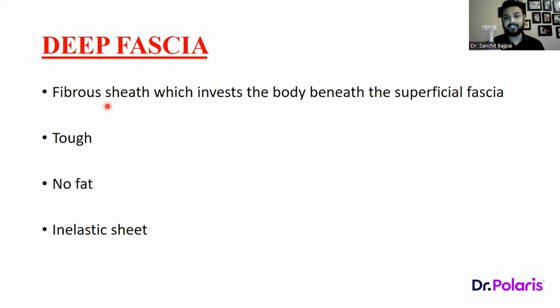It is like a sheath which wraps or invests. So this sheath wraps the organs or these muscles. It is tough. It is inelastic. It has no fat. When you have these four features, that fascia becomes deeper fascia or deep fascia. And I'm going to tell you why these things are important. Tough, inelastic, no fat, why it has been given to you. It all makes sense. Okay, right.